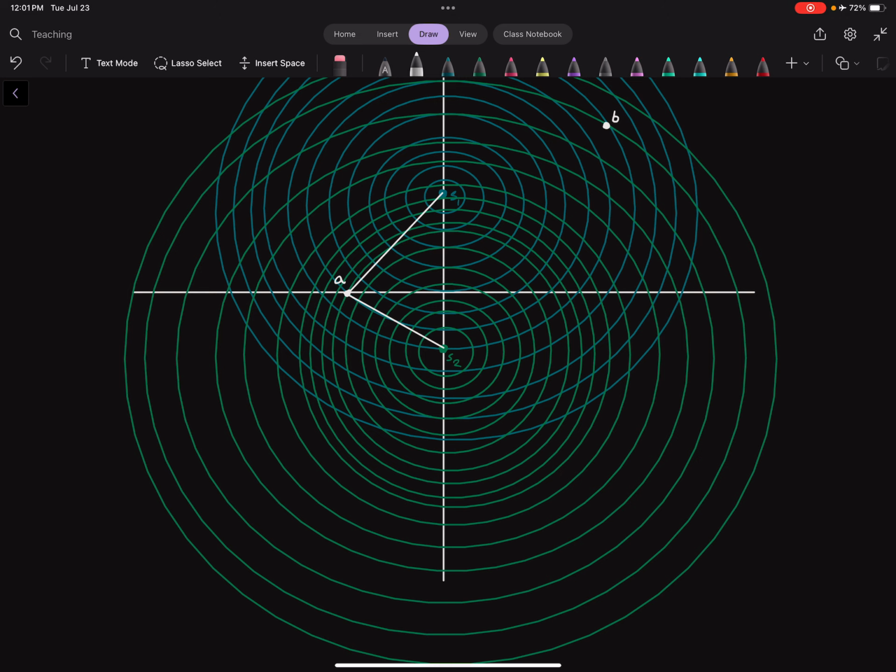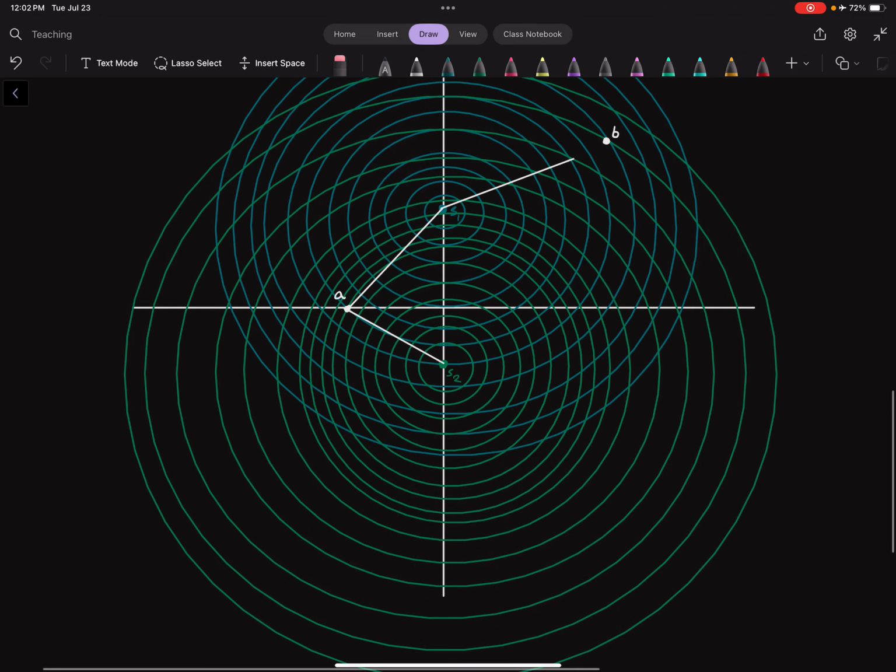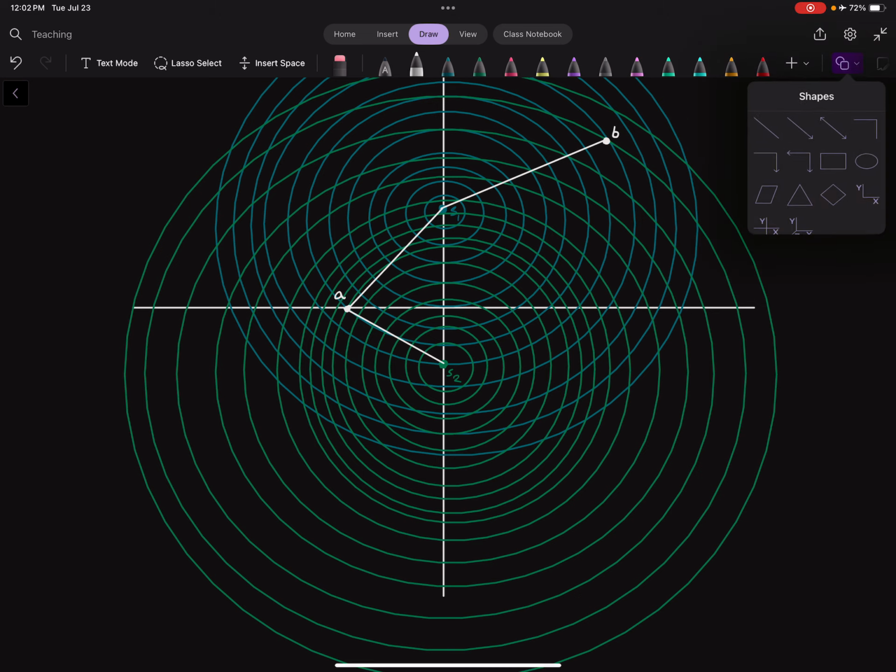And so what that means is that the waves arrive in phase. And so therefore the total amplitude at any given time at that point is twice the amplitude of each individual wave. And point B is a similar story where the distances are not equal.